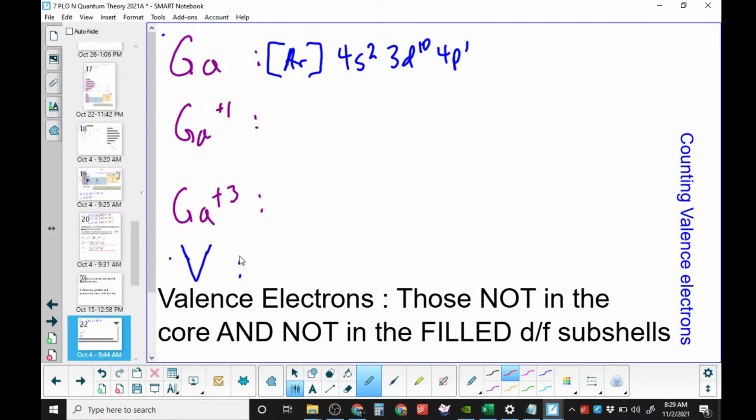Except I already asked Mimi for vanadium. Argon 4s2 3d how many? Right. So I'm going to pick on Francois then. Francois, how many valence electrons does this have?